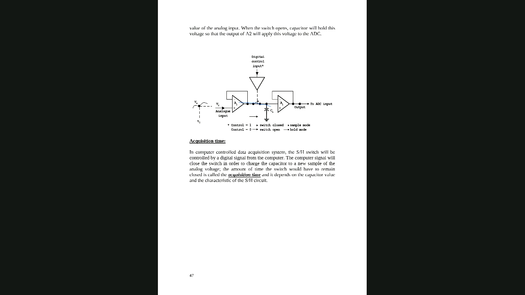The amount of time the switch has to remain closed is the acquisition time, and it depends upon the capacitor value and the characteristics of the circuit. It has to hold for some time depending upon the conversion time, so that is the acquisition time. Clear, guys? So this is the end of our course.